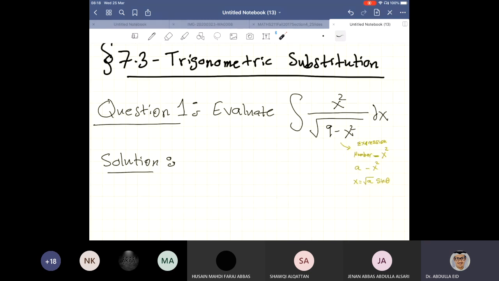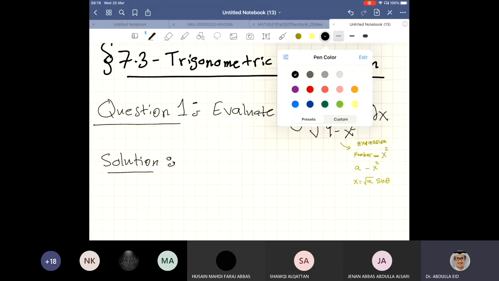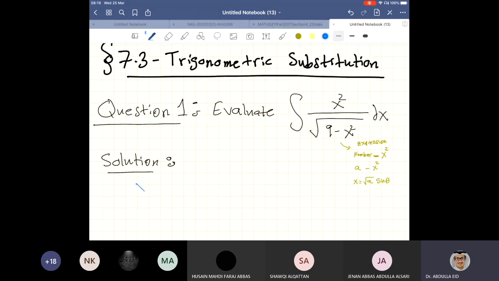So here, I think we agreed that we will use the substitution x equals square root of 9 sine theta, which means x equals 3 sine theta. Is that clear?